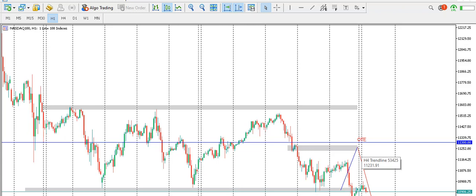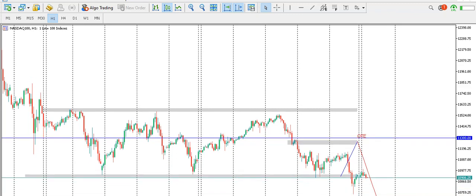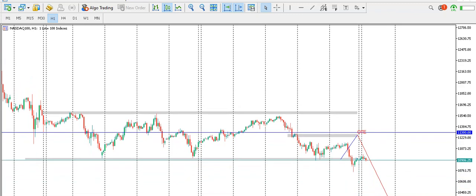But that does not mean that we cannot take the short buys. So scenario number 1 is short buys, then we sell aggressively to 10,300, which is also our institutional level of pricing.